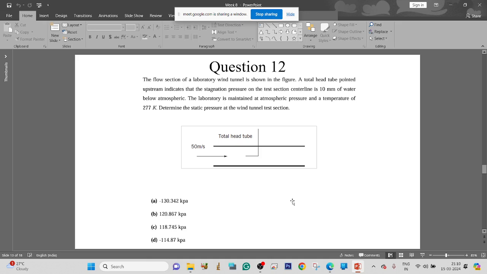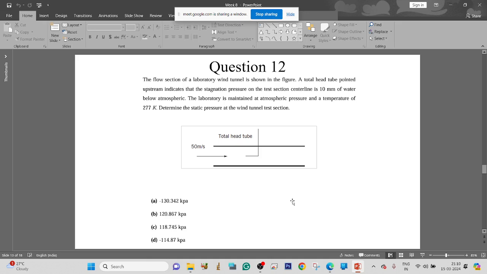Dynamic pressure is equal to half rho v square, so 0.5 into 1000 into 50 square, which is equal to 1,25,000 Pascal.